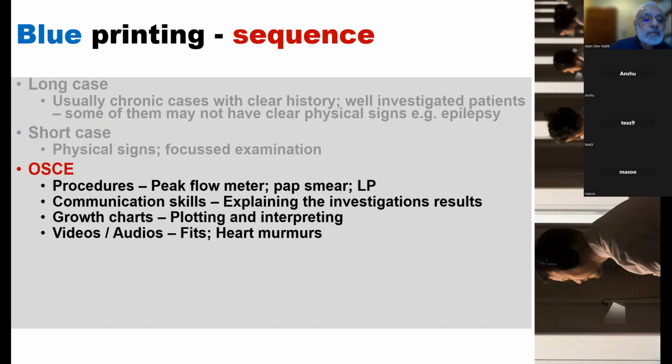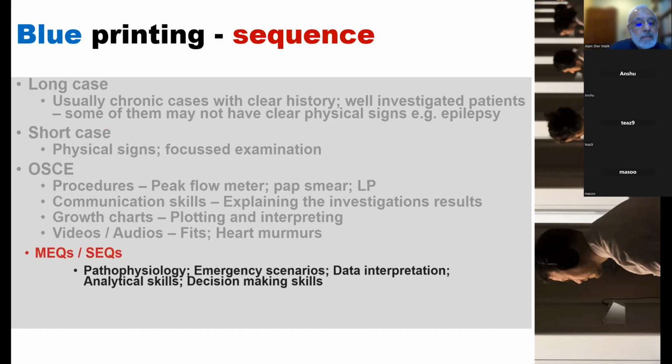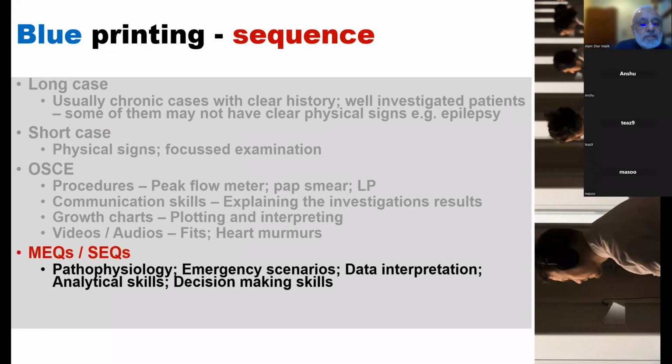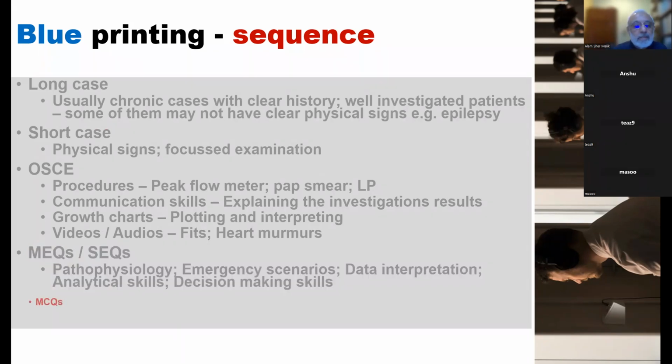Third would be the OSCEs. Let's say about the procedures, communication skills, videos, audios, growth charts. And so you strike out those conditions. Then would be the essay questions, where we would be assessing pathophysiology, emergency situation, data interpretation, and then the remaining would be in multiple choice questions.